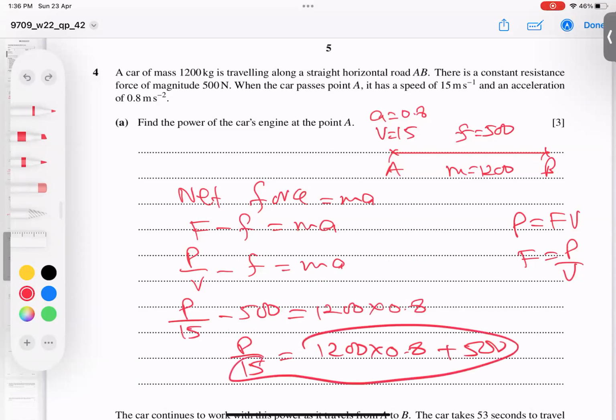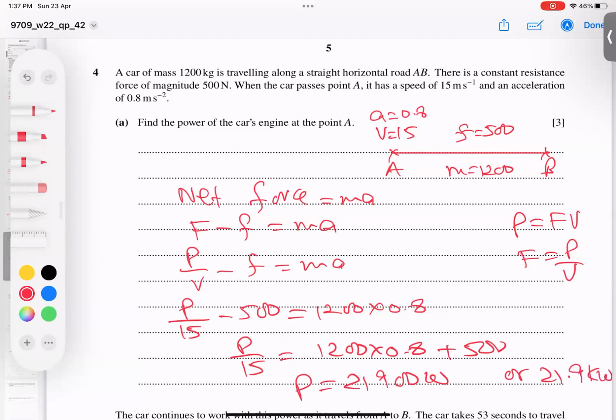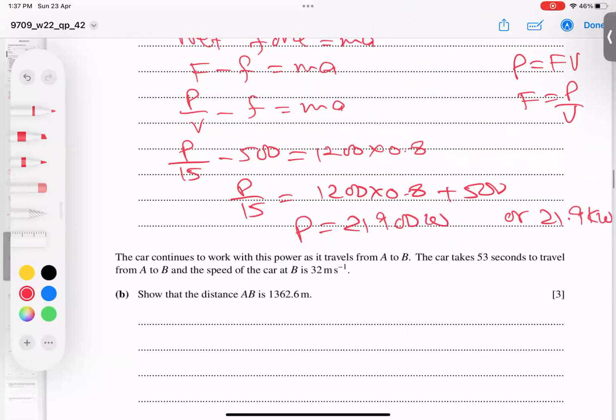Now 15 will multiply, so I'm typing in the calculator and the answer is coming. Power is 21900 watts, or you can write 21.9 kilowatts. I hope this part is clear.